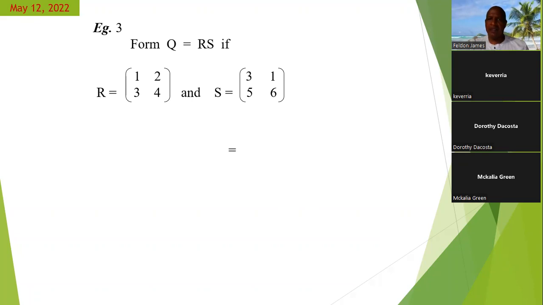All right, Miss Waysome, I'll tell you what, we're going to wait until your reception is clear enough because I am really not hearing a thing, so I'm going to just ask someone else in the meantime. Miss Green, would you like to answer the question? What is the condition before you can multiply?